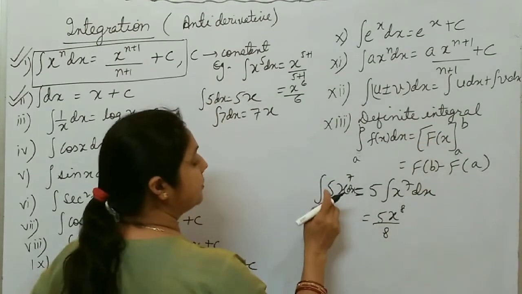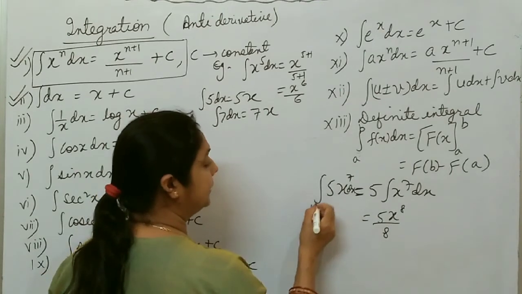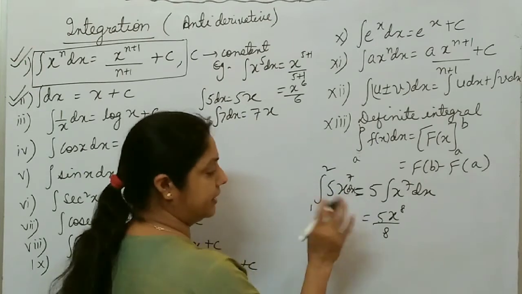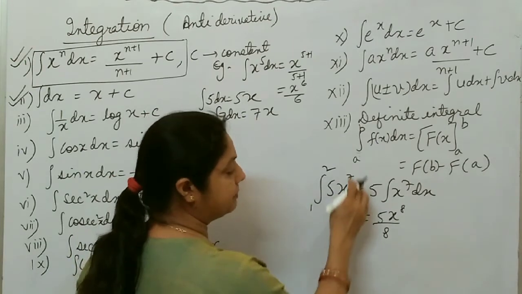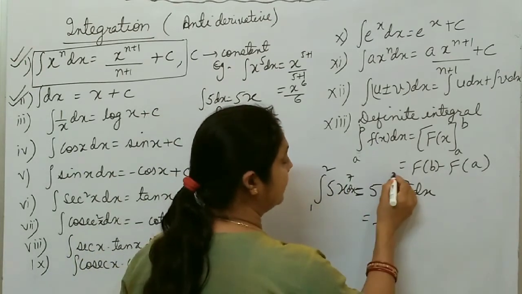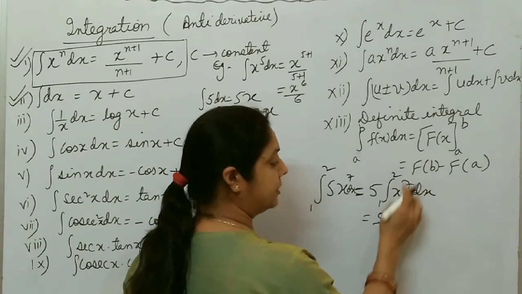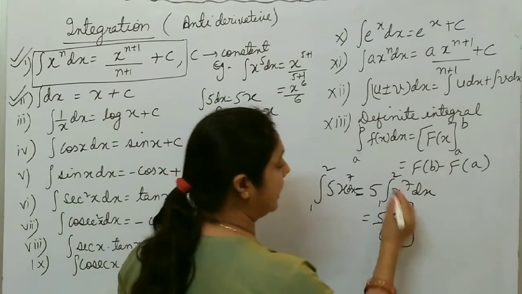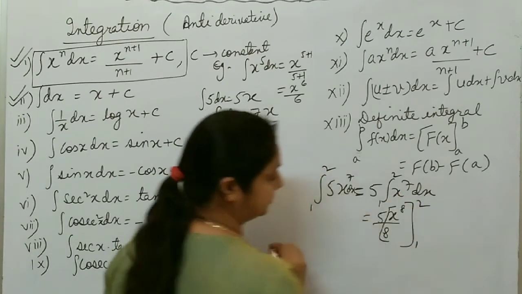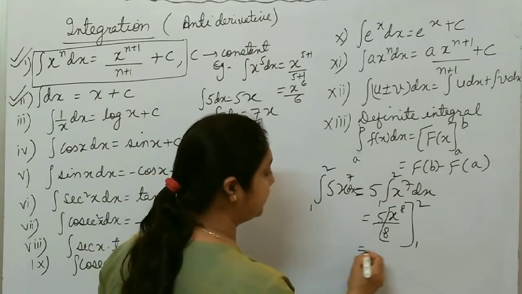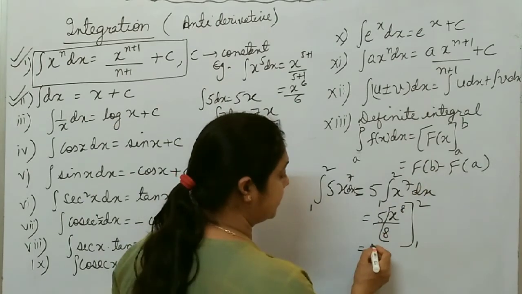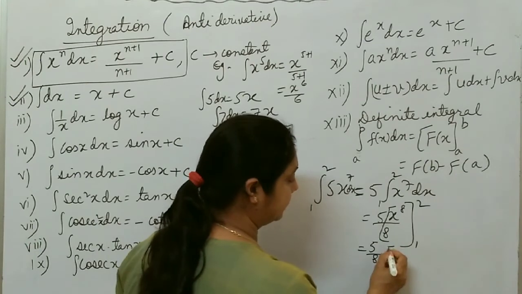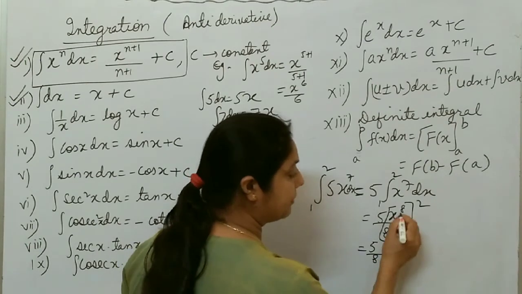For example, suppose the limit is from 1 to 2, and 5x to the power 7 dx. So integration of 5x to the power 7 dx is what? You take 5 outside, integration of x to the power 7 is x to the power 8 by 8, and the limit is 1 to 2. Now in this question, you just put the limits. So you get the result 5 by 8, which is also constant, so take 8 outside, times x to the power 8.